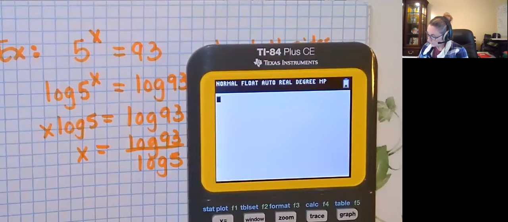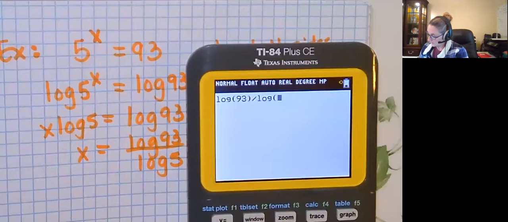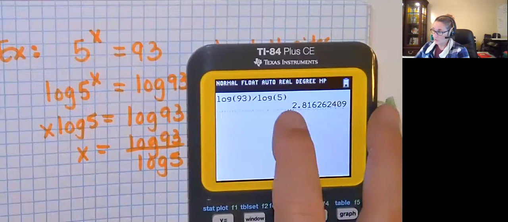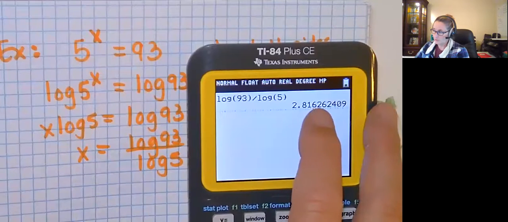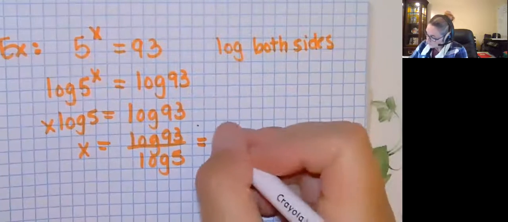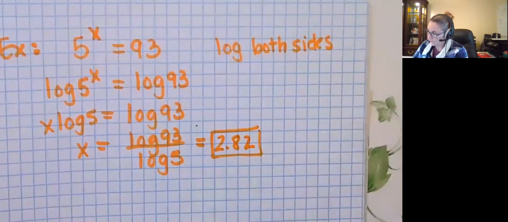So I can do log of 93, close your parenthesis though, divided by log of 5. And I end up getting 2.8, let's say 2, if I want to give two numbers after the decimal, because the 6 will push this 1 up. So this is going to be 2.82. That is my answer.